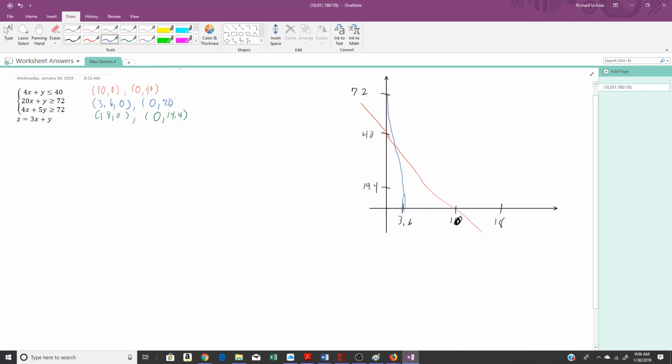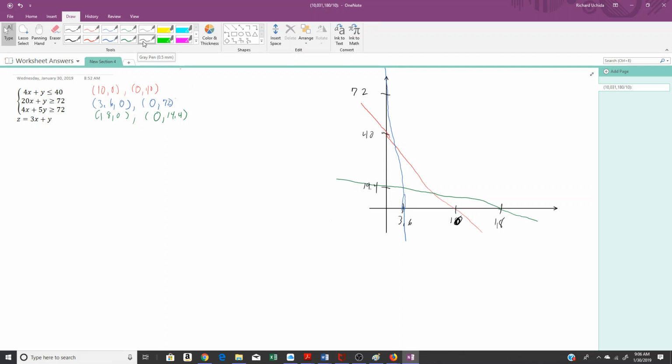Obviously, when you're doing this, it'd be better if you did this with a ruler as well. And then for the last one, it goes through those other points. So those would be my three boundary lines.